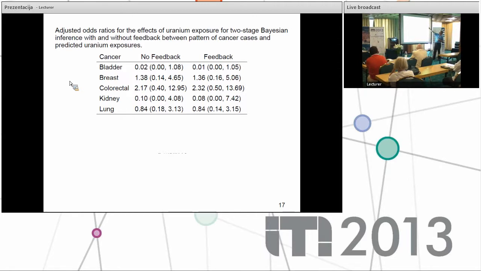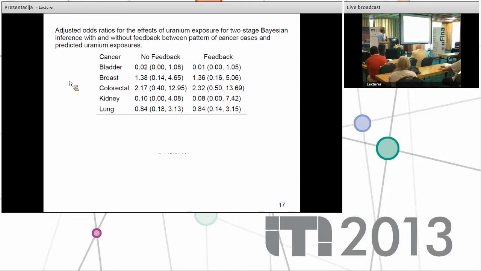But what you have here is basically adjusted odds ratios for the different cancers. And what we're doing here is comparing the different cancers, in this case, to the other cancers. We don't actually have the controls in this data set. If there's nothing going on at all, these odds ratios for the impact of uranium exposure should be about equal to 1.